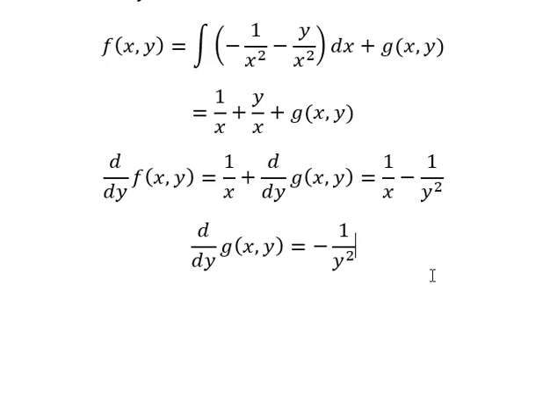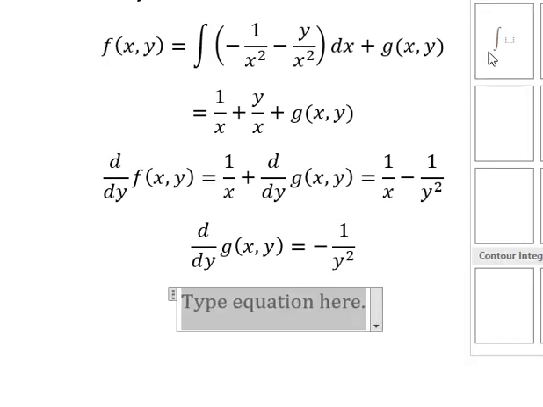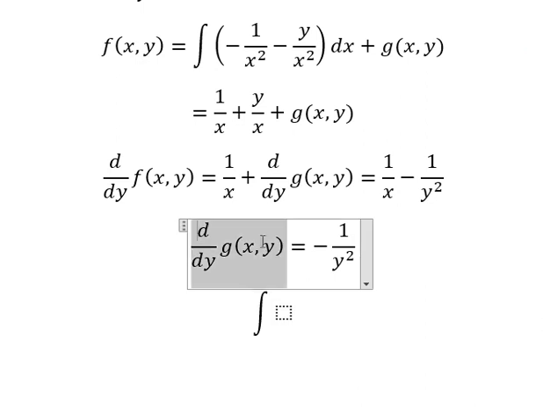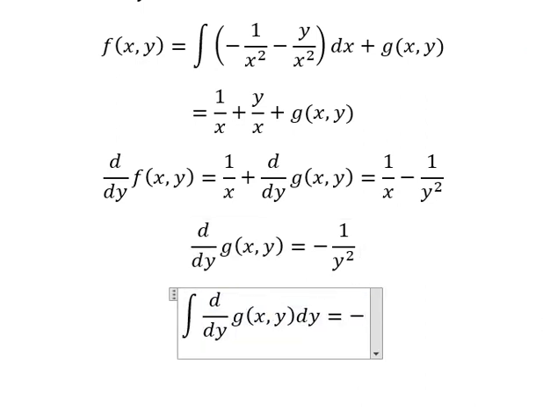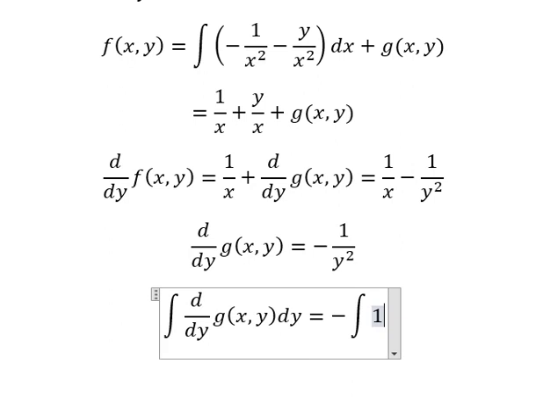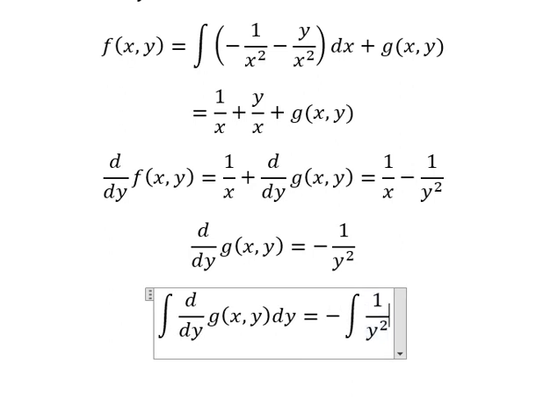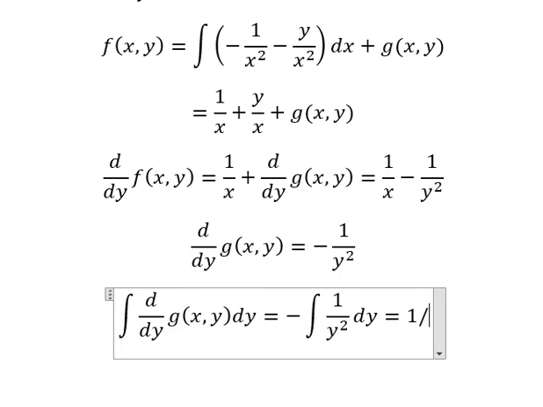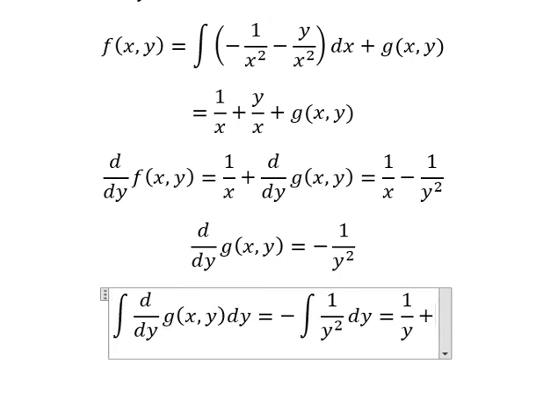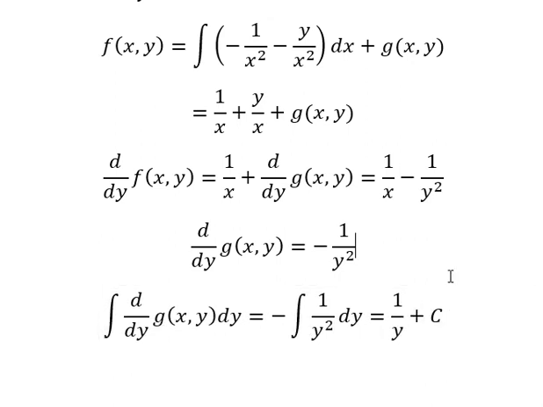Later that, we put the integration for the both sides. So the integration of this one, we have 1 over y, and I will put about c. Now we go back in here.